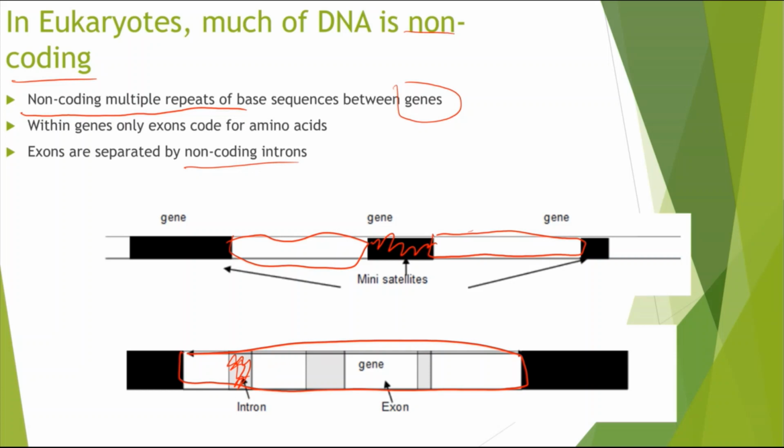They're not really grey, but just to show you that we have these introns, which are non-coding regions and do not code for anything, and exons are the only bit that do code for amino acids. Much of the eukaryotic DNA is non-coding region. In prokaryotic DNA, we don't have any non-coding regions, which is why it is very short.